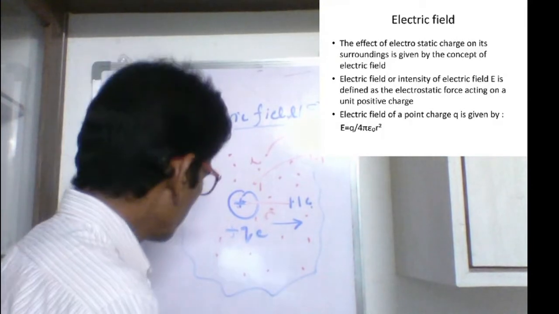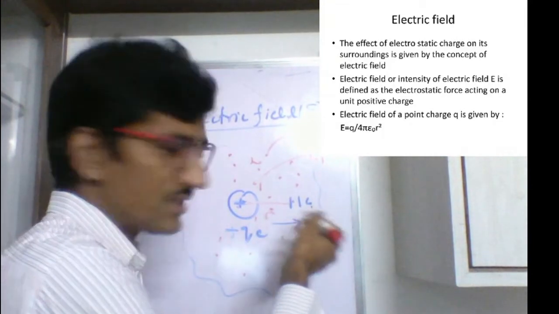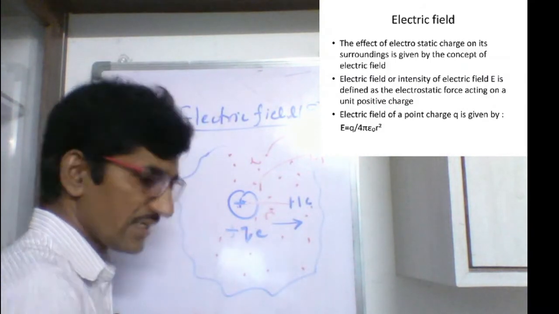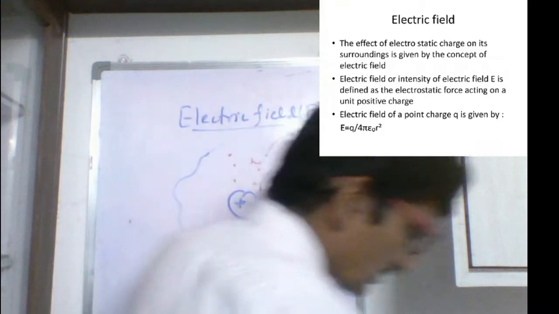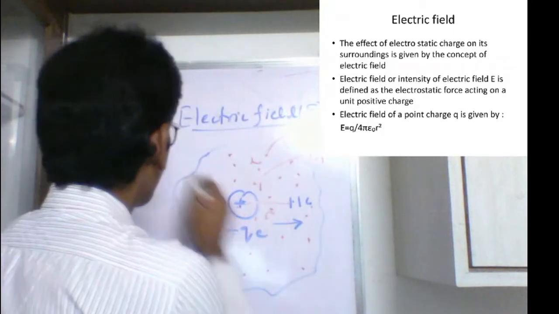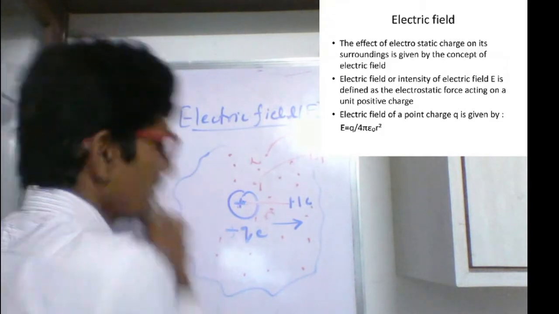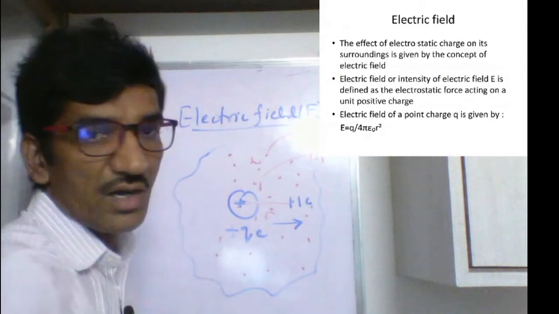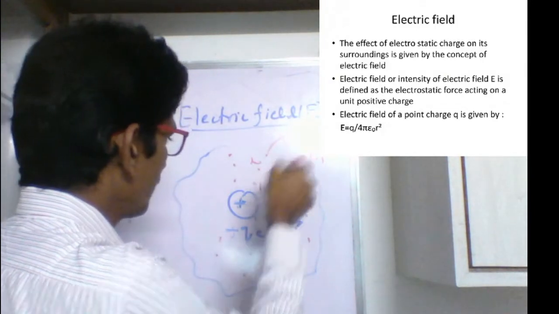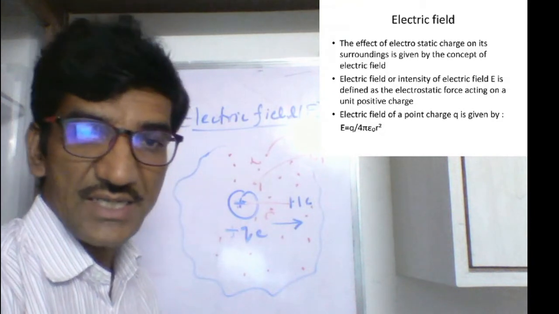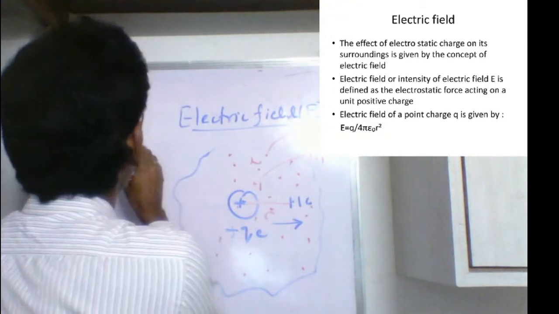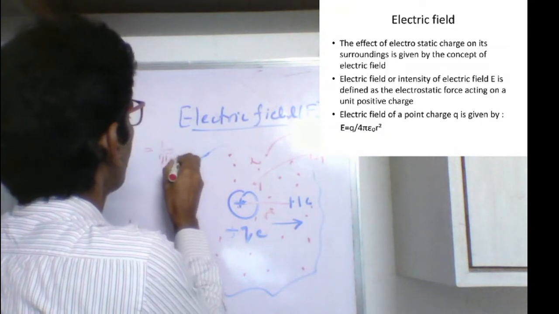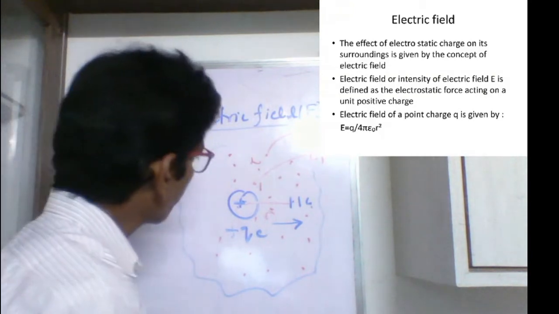So in this case, the force acting on this test charge is nothing but the field of the charge Q. According to Coulomb's law, the force between these two charges, one is Q coulombs, the other is 1 coulomb, is given by 1 by 4 pi epsilon naught.